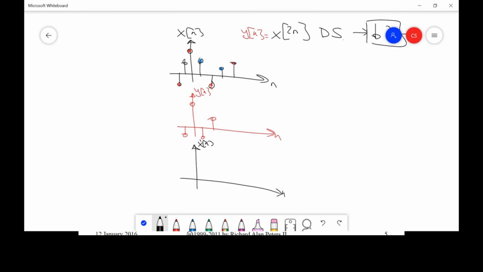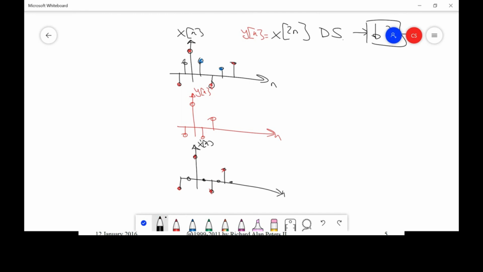We will keep the same samples where we have them. So I have this sample, so I keep it. Then the middle one I don't have, so I will set it to 0. Then I have this one, then I don't have, and so on. And on the other side it is the same. So these red samples are the ones that are coming from there.